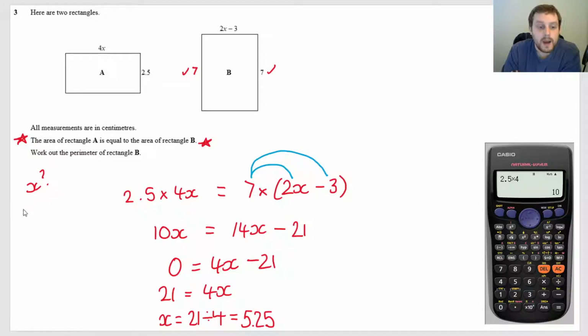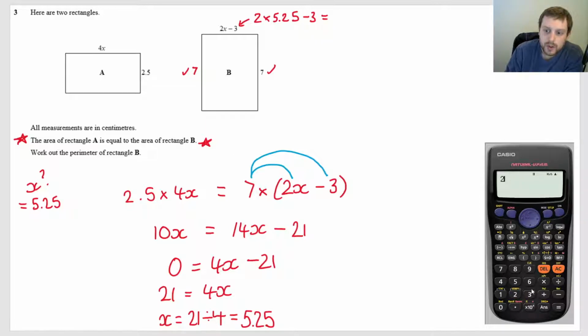So it's like, great, we know that x is 5.25, and that's super. So this side here is 2 lots of 5.25 and then take away 3. So 2 lots of 5.25 and then take away 3 is 7.5.